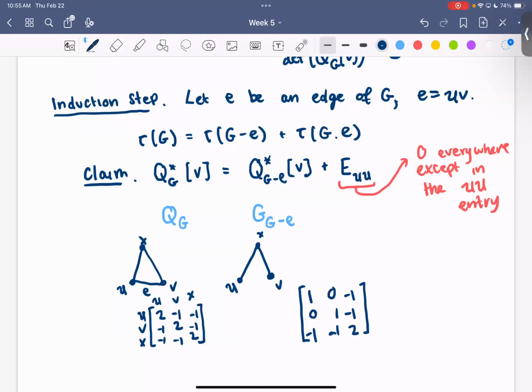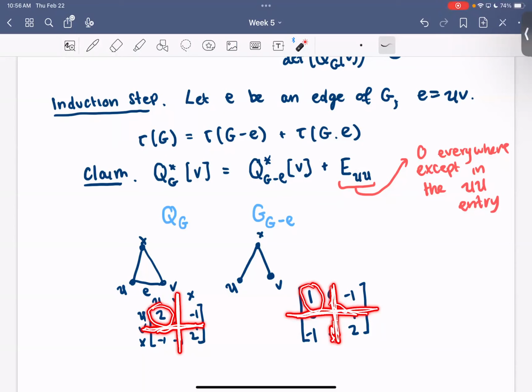So comparing, what am I going to do to these two matrices? I'm going to delete the row and the column corresponding to V. So we've deleted that and we're deleting this. All that's changed is that in that UU entry, we've gone down by 1. Because what else changed between these two matrices?